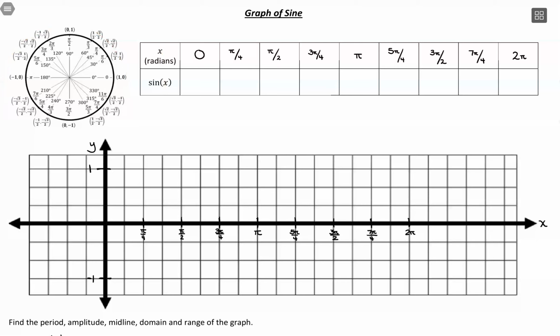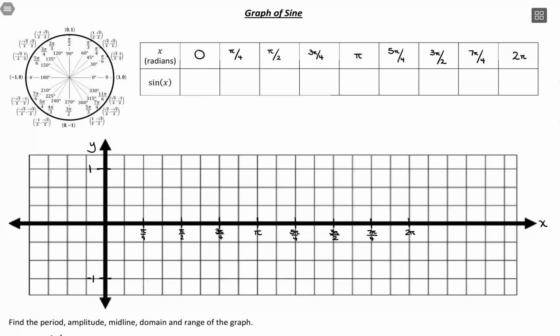Now the inputs for our function, specifically the inputs for sine of x. Remember, our inputs are the angle measurements. We plug in an angle measurement to sine, and it gives us a y-coordinate from our unit circle. So what we're going to be mapping along the x-axis here are angle measurements.